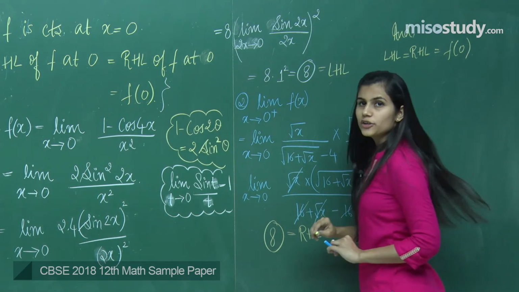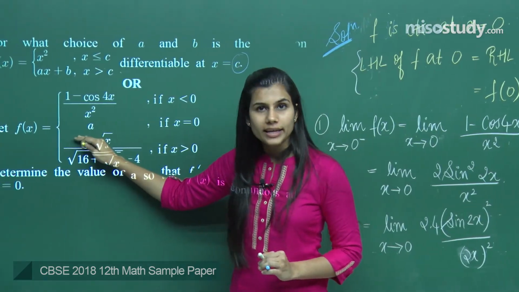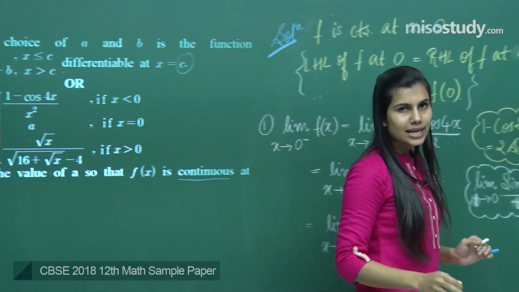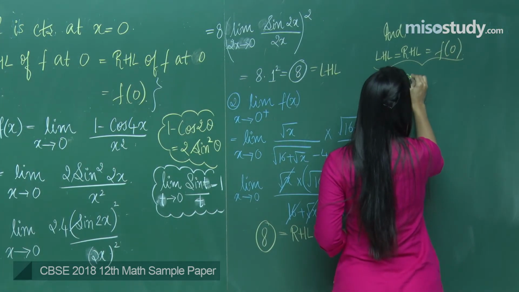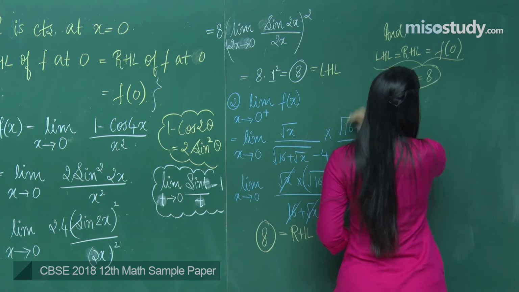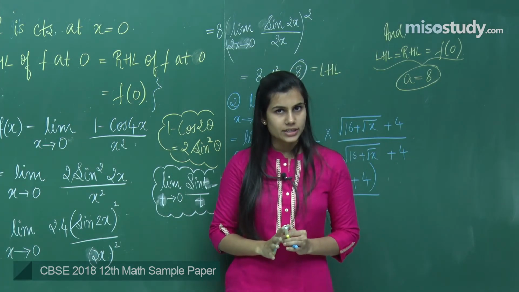That means what is the value of the function at 0? At 0 the function is small a and it is continuous at 0. So this condition is satisfied. F of 0 is a. Right hand limit and left hand limit are 8. So my a is equal to 8.